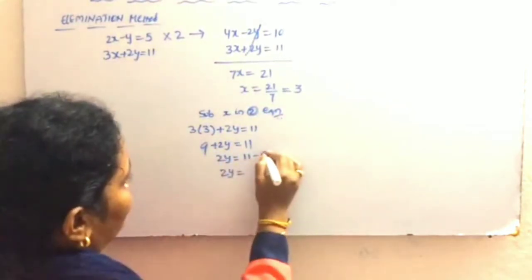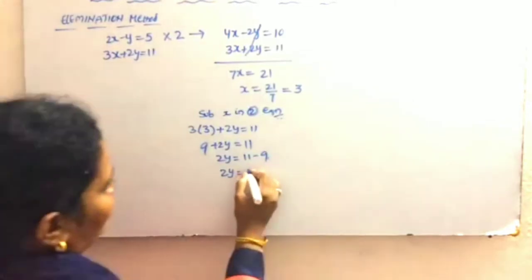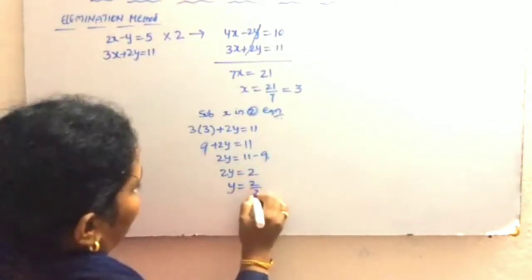So 2y equal to 11 minus 9. So 2y equal to 2 and y equal to 1.